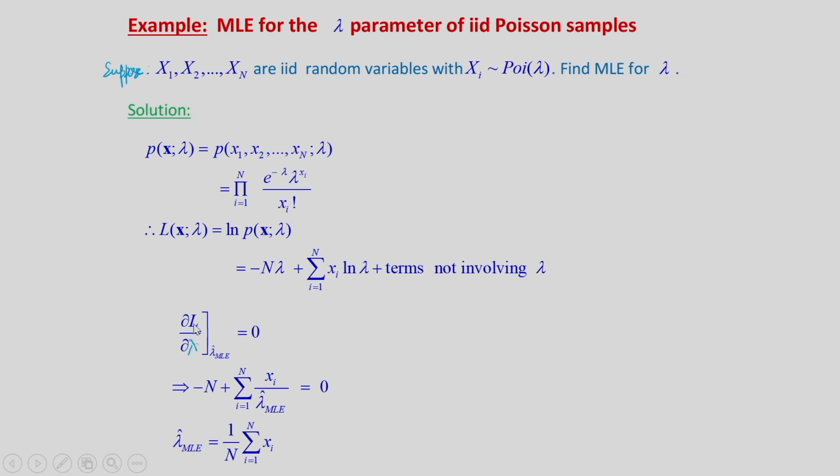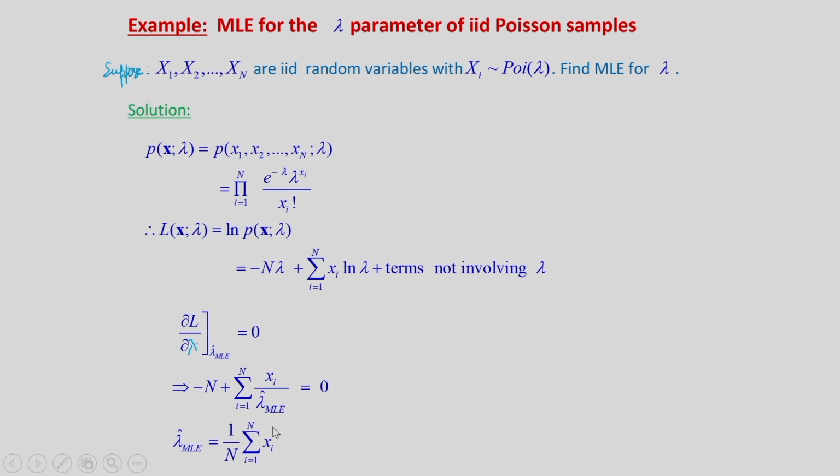So, if we take the partial derivative with respect to lambda, at lambda hat MLE we will get 0. The partial derivative of this will be minus n, and similarly this part will give you 1 by lambda hat MLE. So, we will get minus n plus summation, i going from 1 to n, xi divided by lambda hat MLE, that will be equal to 0.